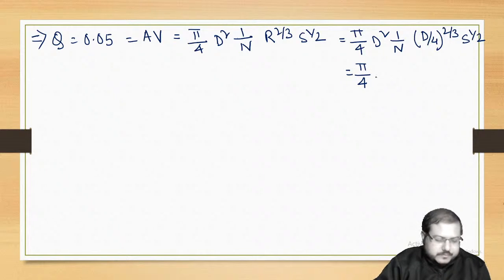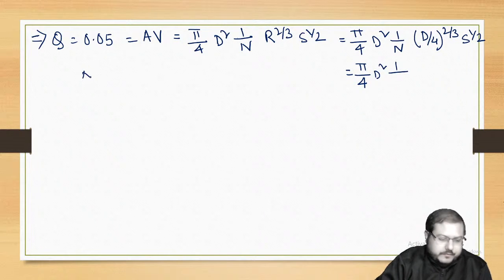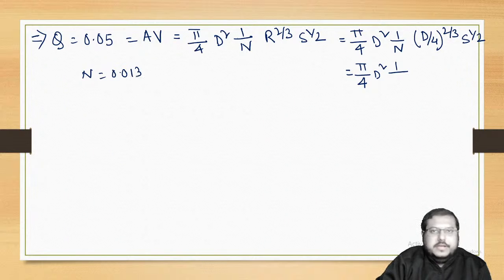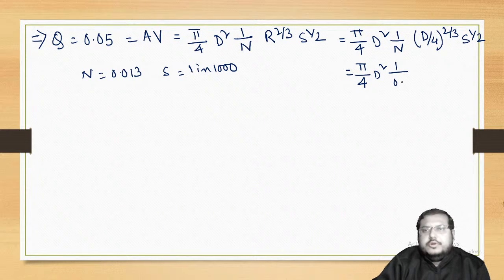D we don't know, that we need to find out. n value is given as 0.013, slope is given 1 in 1000, 0.013, D by 4 to the power 2 by 3.